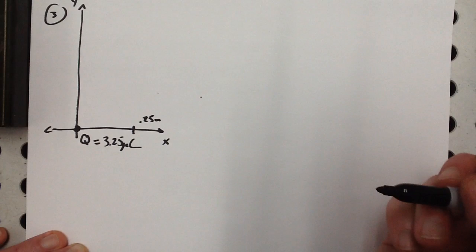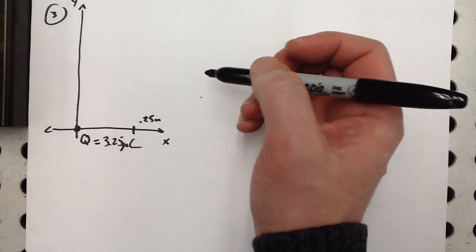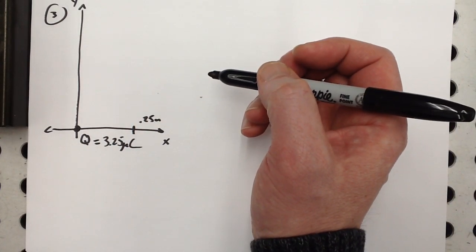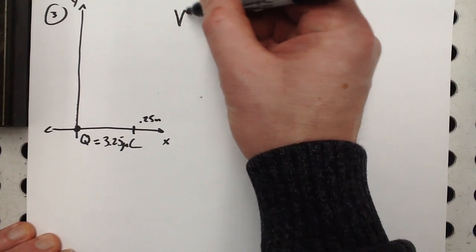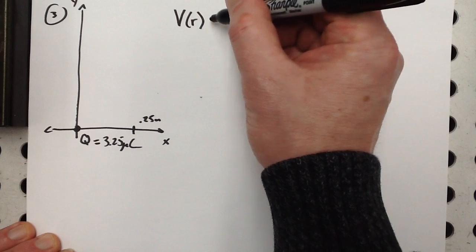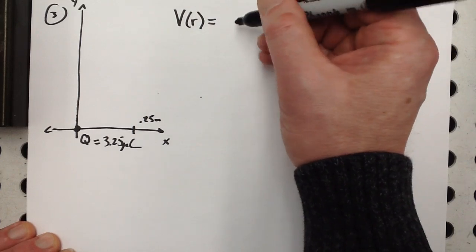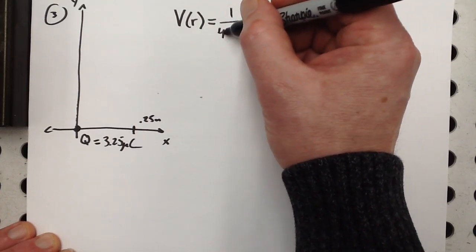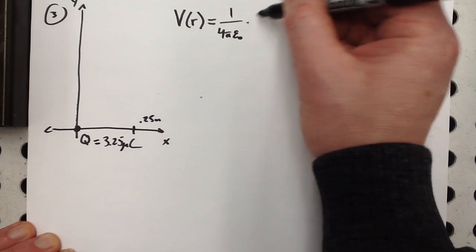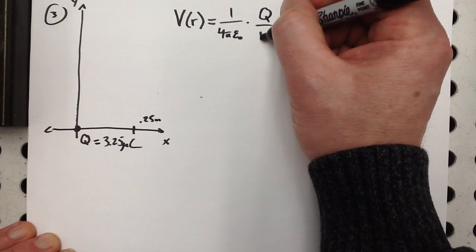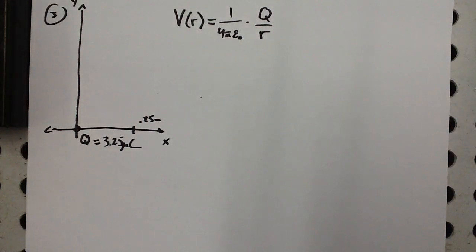Okay, so how do we do that? Well, if you look back at your notes, this is the little bit of calculus that we did that gives us the electric potential in the vicinity of a point charge. This is a good point to reflect on when we can and cannot use particular equations that we have in our bag.